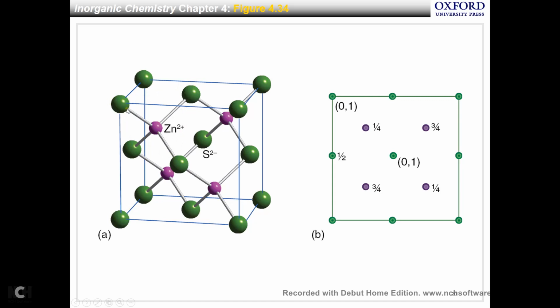These 4 sulfide form a tetrahedron structure, and in the center of the tetrahedron there is unused space occupied by this zinc 2 plus. Same here, 1, 2, 3, 4. These sulfide can form a tetrahedron structure, and then this zinc 2 plus occupies its center. Same here, this one is surrounded by 1, 2, 3, 4 sulfide ions.